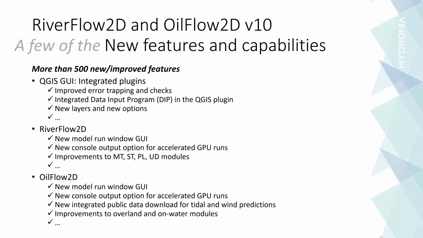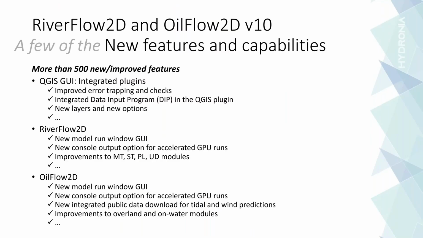In RiverFlow2D, as you will see, we have a new run window GUI. We have also new console output options for accelerated GPU. I will show you this and talk about this in more detail. We have numerous improvements and error fixes in the MT, the ST, the PL, and UD modules, and many other new and improved features.